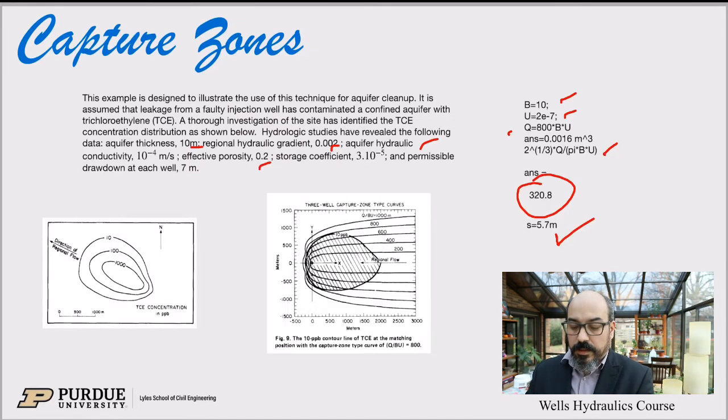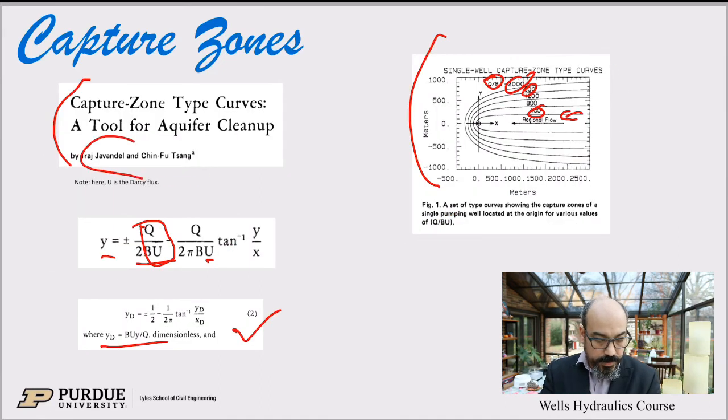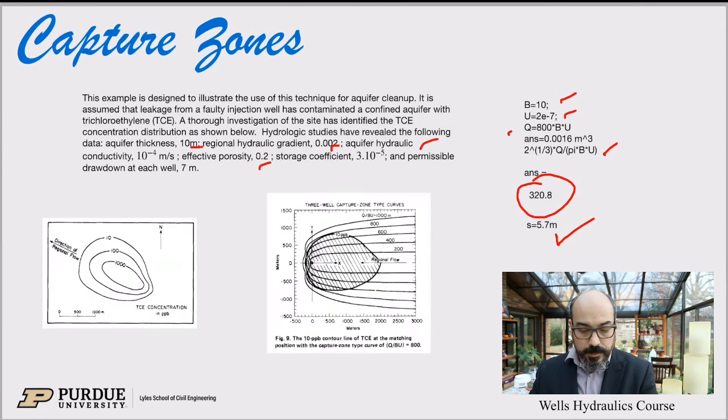Again, this is all detailed in the original paper, this paper here, that I'll put as an activity, as an exercise, to show you how you get all these numbers.